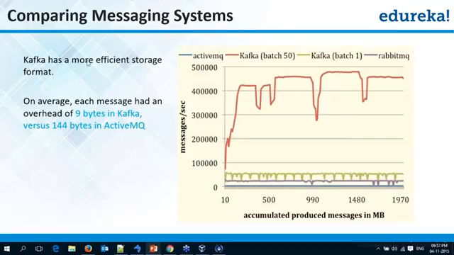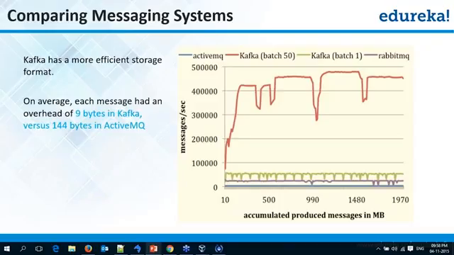In the first test, if you notice, Kafka without batching stays just a little ahead of RabbitMQ and ActiveMQ in throughput. When you do the batching, when you club the messages in a batch of 50, that's where you see exponential growth in the throughput from the producers.